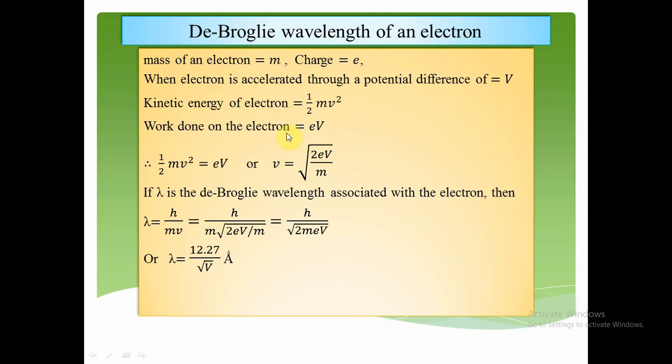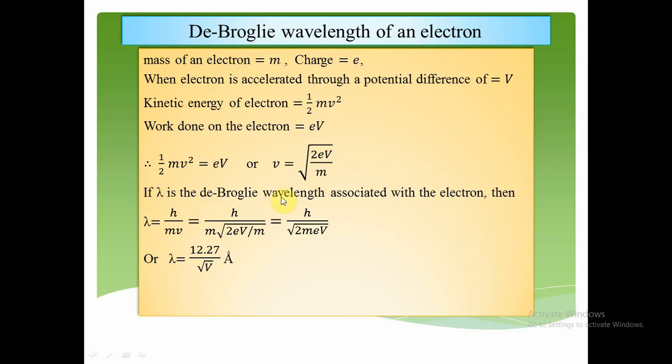Because both represent energy, kinetic energy and potential energy, if you equate them, half mv square equals eV. Simplifying for the velocity, we get v equals the square root of 2eV divided by m.